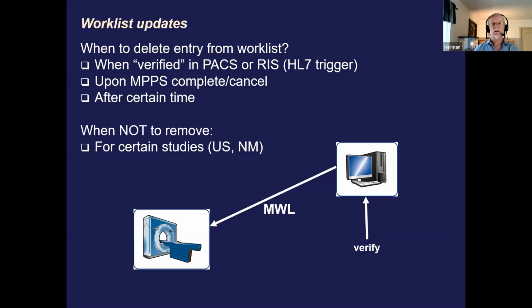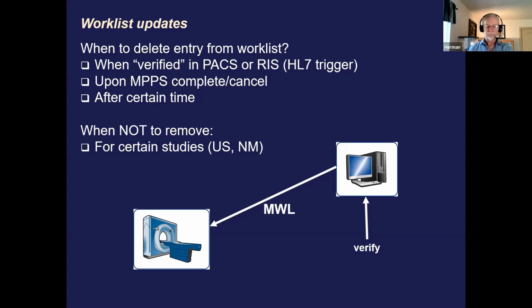So we want to have that worklist entry still available, right? So on the ultrasound, we can then complete the study, for example. Nuclear medicine, sometimes we might need to leave that on the worklist if some of the nuclear medicine studies are done over several days. So you want to make sure that it stays on the worklist as well. So it depends a little bit on the modality.